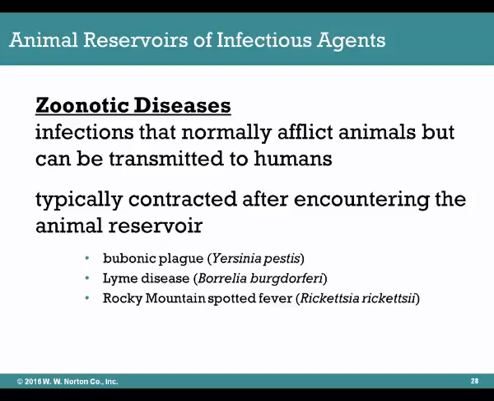We're kind of the accidental host. But if we're in that environment where those ticks are, that have been feeding on deer and have acquired and are now carrying the Borrelia burgdorferi, then we can get sick with Lyme disease.